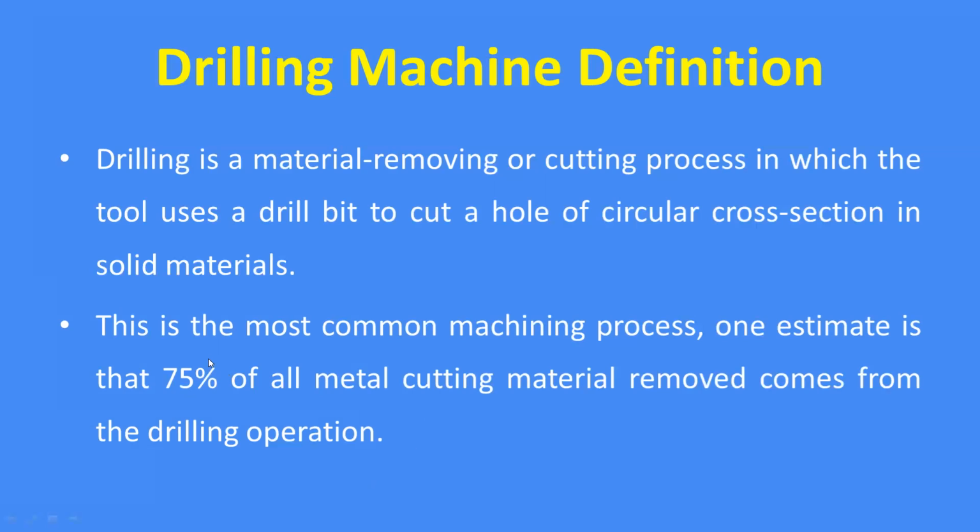That is why I am calling drilling also a machining process. If you take 100% of the work, 75% is concentrated on the process of drilling, because the material removal takes place in the process of drilling only.